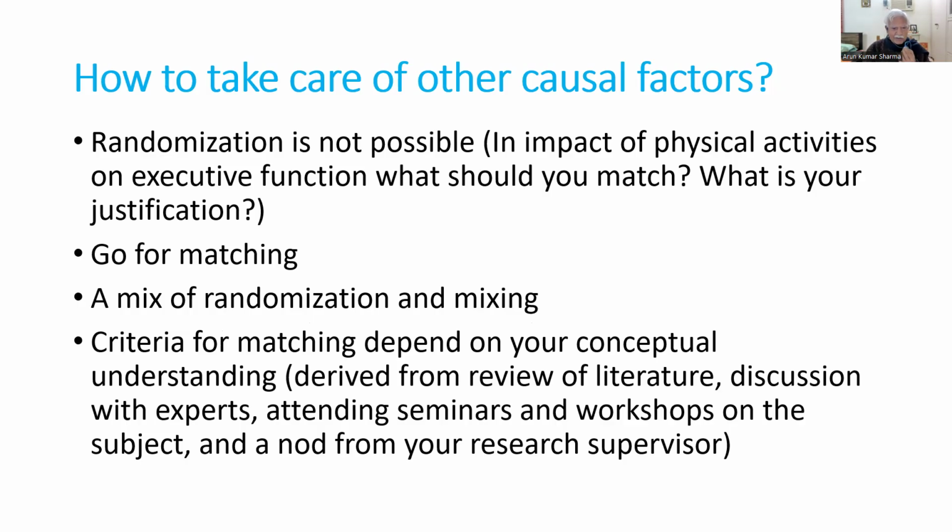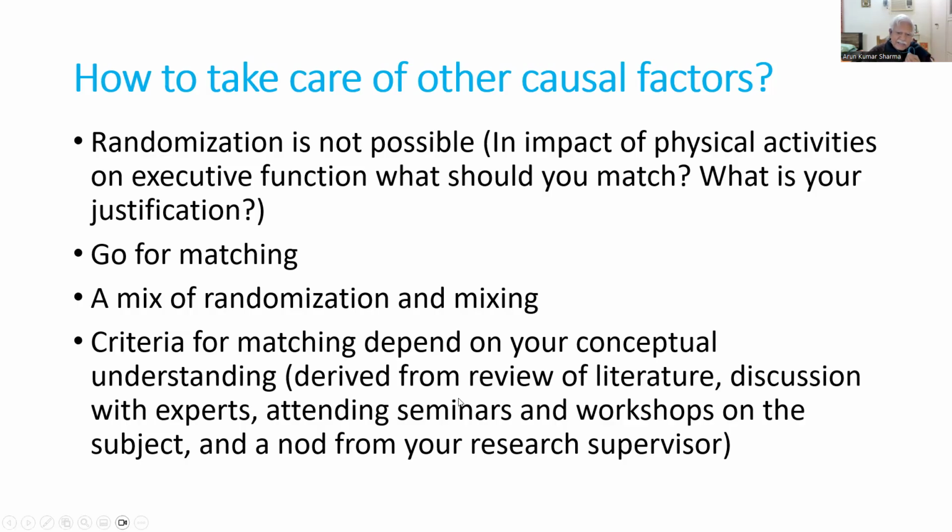So if your sample is small and you go for randomization and you find that control and experimental groups differ with respect to other characteristics which might affect the findings, then you use the mixing of randomization and matching. That means you first randomize and then try to ensure by matching that the characteristics of the two groups before conducting the experiment become similar.